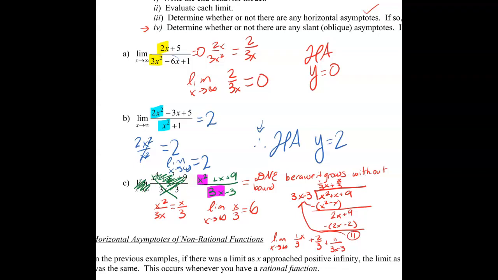But this 11 over 3x minus 3 ends up having an x in the denominator, so that's actually going to trend towards 0 and not really end up mattering. So all that I really need to know is that my slant asymptote is just this piece that's not going to go to 0, which is 1/3 x plus 2/3. That's it. That's my slant asymptote.